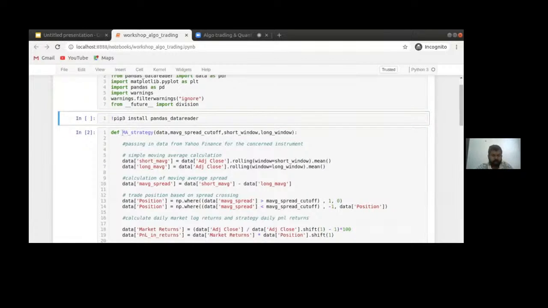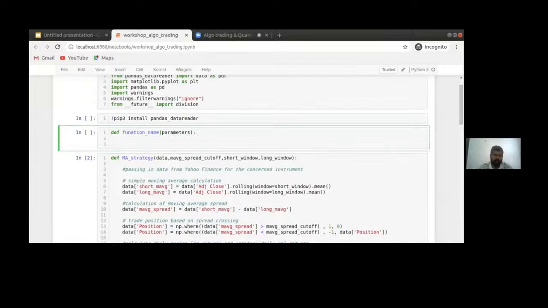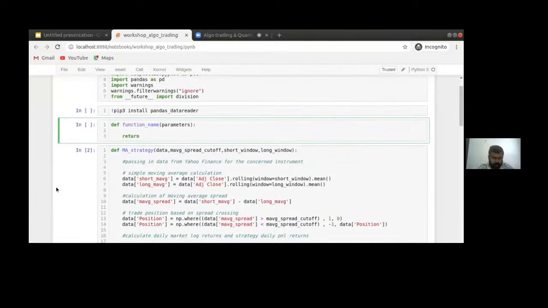So this is how a function in Python looks. Usually a function in Python starts with def, then the function name, then parameters, and then usually there is a return, returning some value, or sometimes just a return when the function is not supposed to return anything.